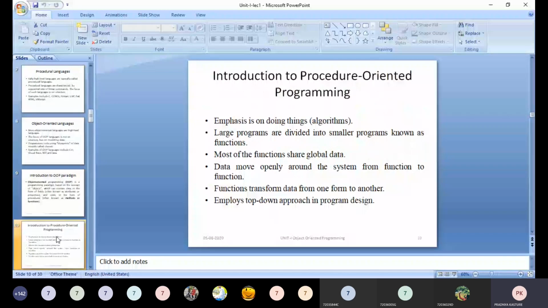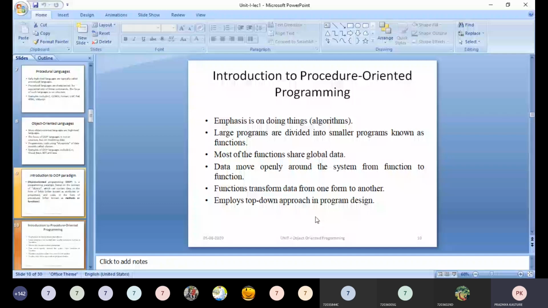Now, in procedure oriented programming, the emphasis is on doing things, that is, the algorithm. Many times large programs are divided into smaller programs known as functions.